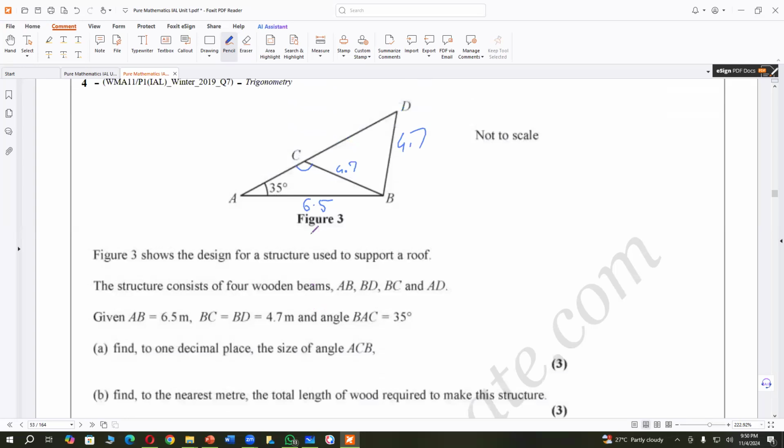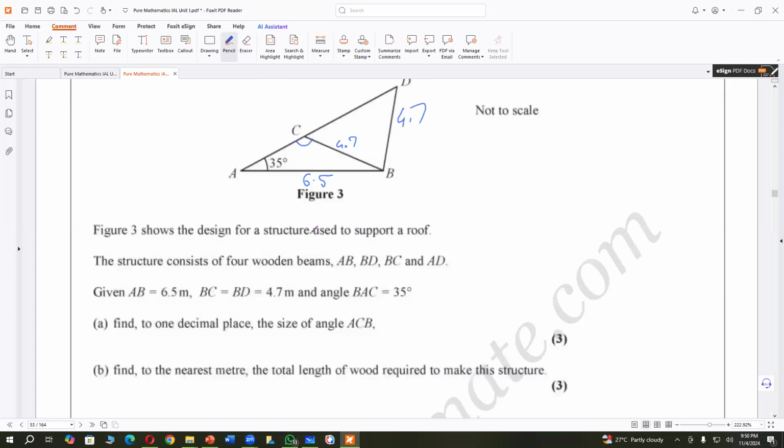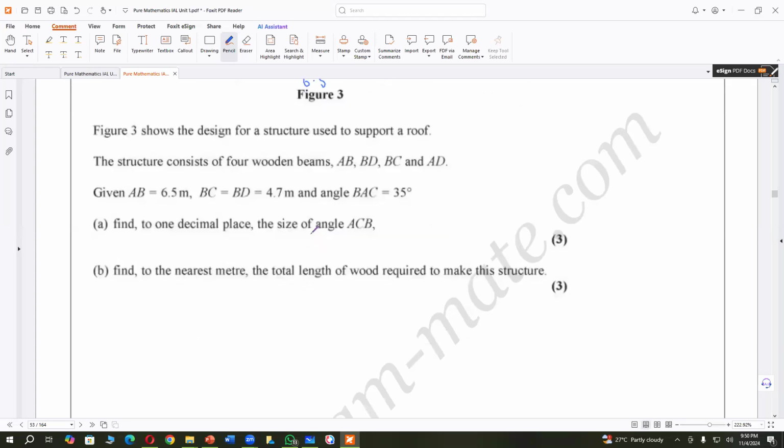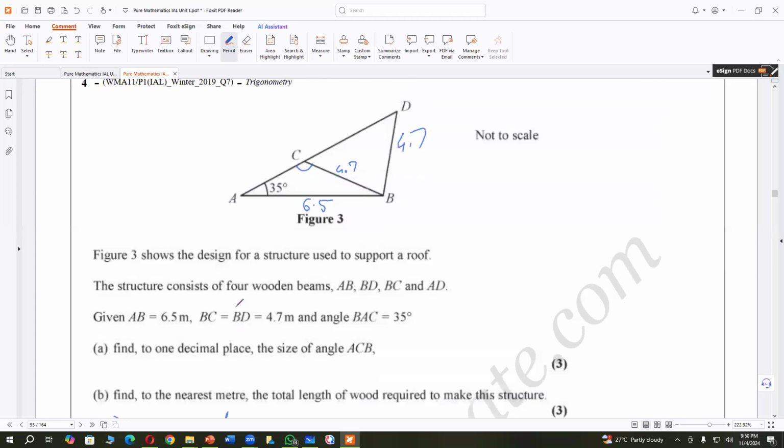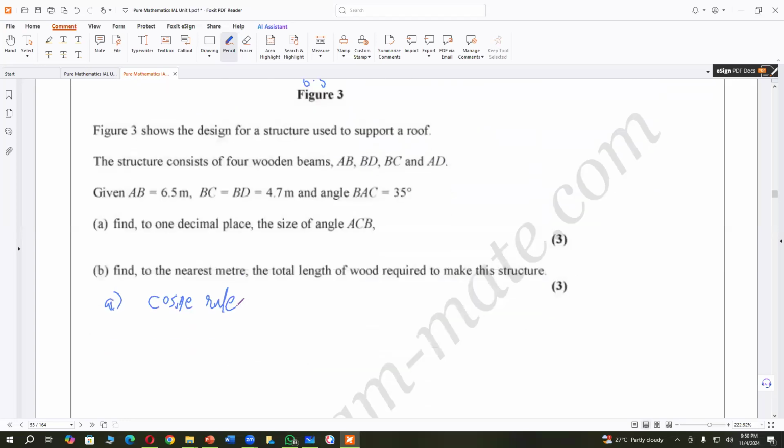So have you opened it on a parallel device so I can scroll it? Good. I have to solve part number A. I was thinking that in order to find the angle, I can select cosine rule, 35, 4.7, 6.5.